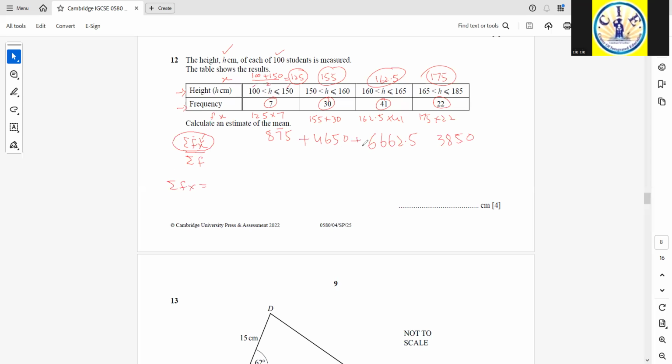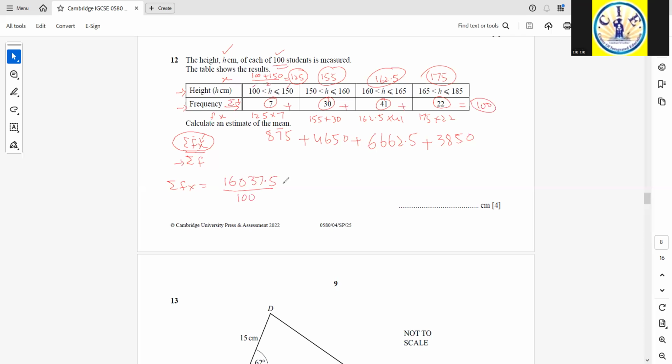The sum of all these is 16037.5, and I need to divide it by sigma f. Sigma f is the sum of the frequencies, 7 plus 30 plus 41 plus 22, which is equal to 100 as given at the start of the question.